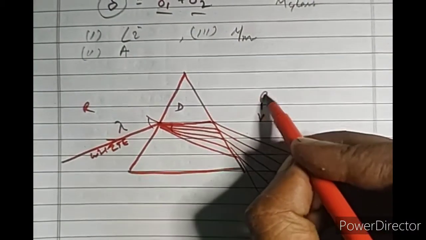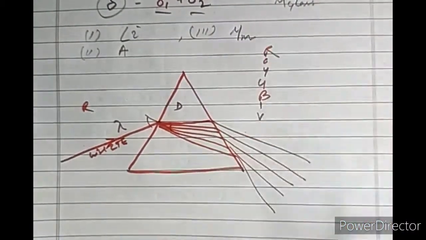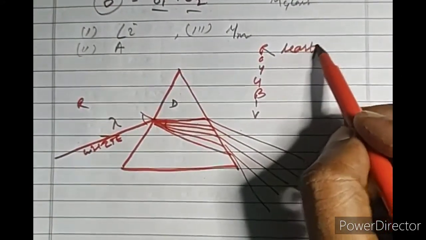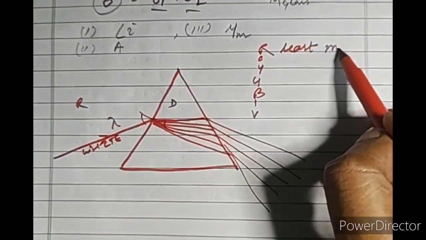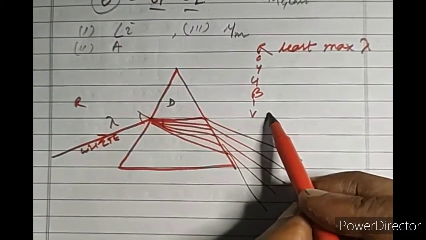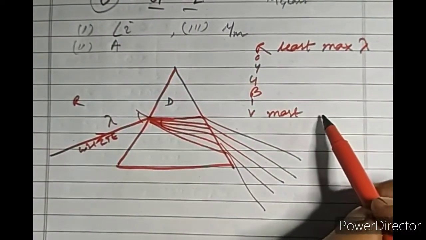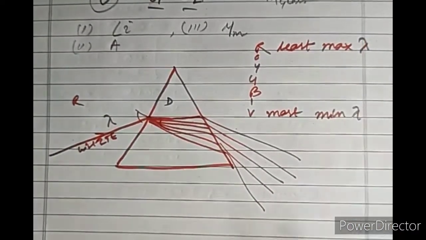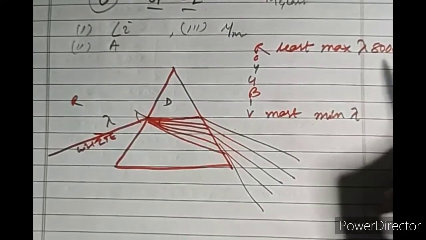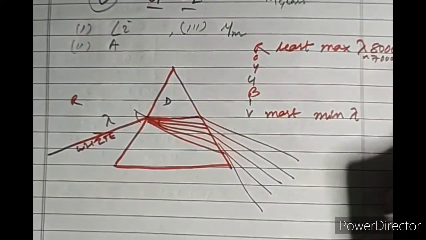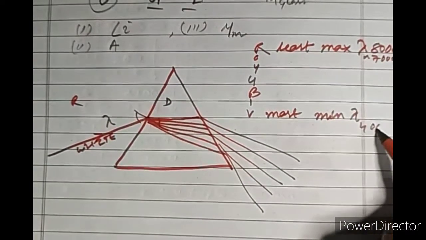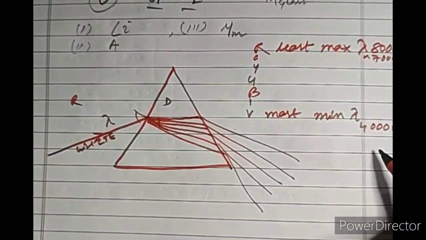VIBGYOR. So red deviates the least because it has the maximum wavelength, and violet deviates the most because it has the minimum wavelength. Red has around 7000 to 8000 angstroms, but the violet color's wavelength is around 4000 angstroms.